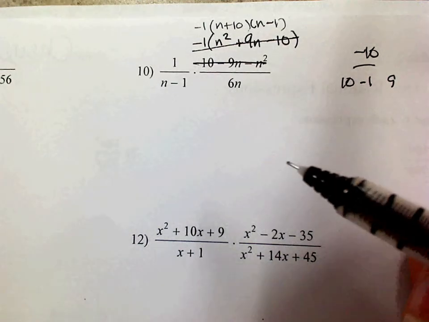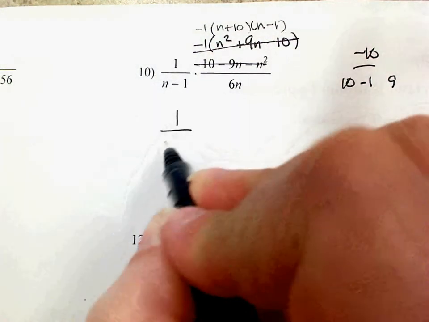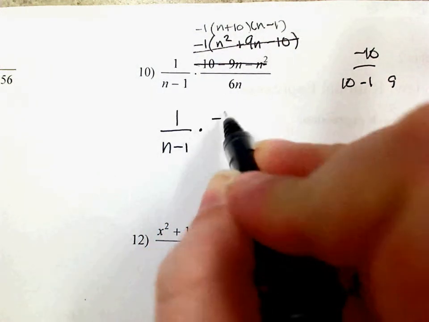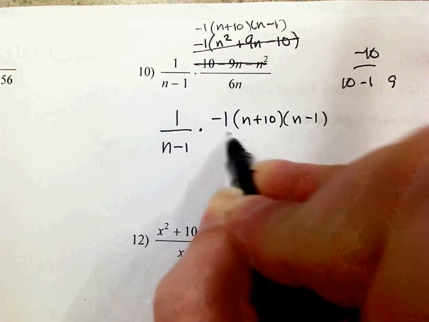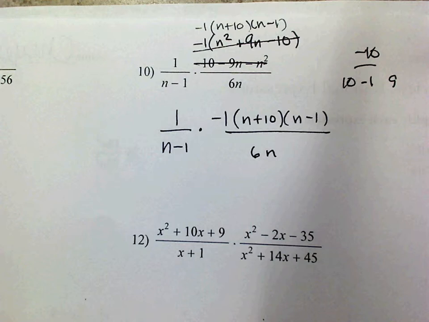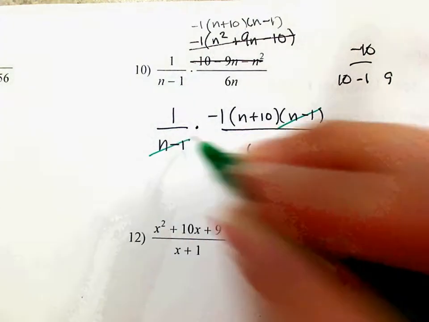Yeah? Okay. And I'm going to rewrite it just so that you can see it more clearly, but we've got a negative 1 times an n plus 10 times n minus 1 over 6n. So guys, we should notice that what? N minus 1's. Good. N minus 1, n minus 1.